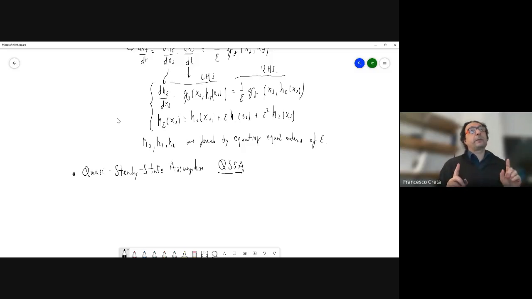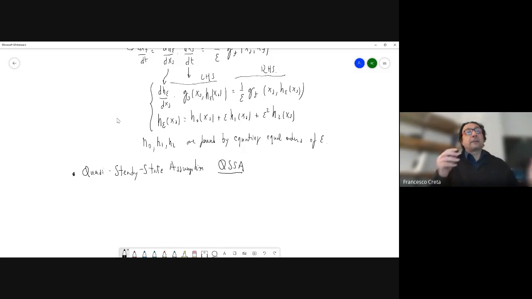So it's different from the singular perturbation theory. It is simpler, but you'll see that in the end, what it's trying to do is find a function where you can express the fast variables as a function of the slow variables, which makes some physical sense.